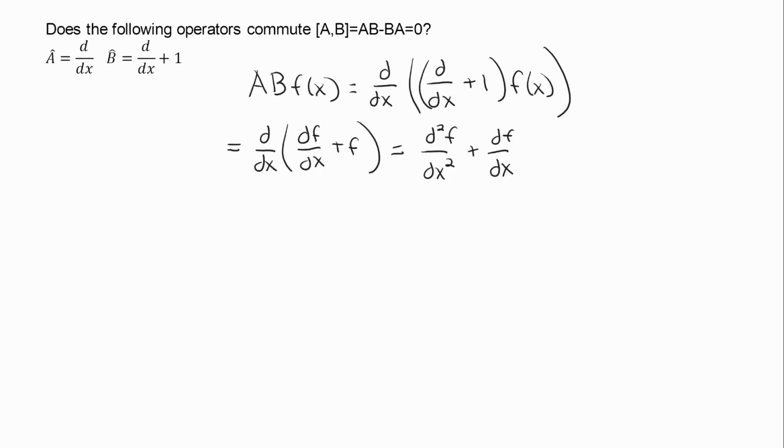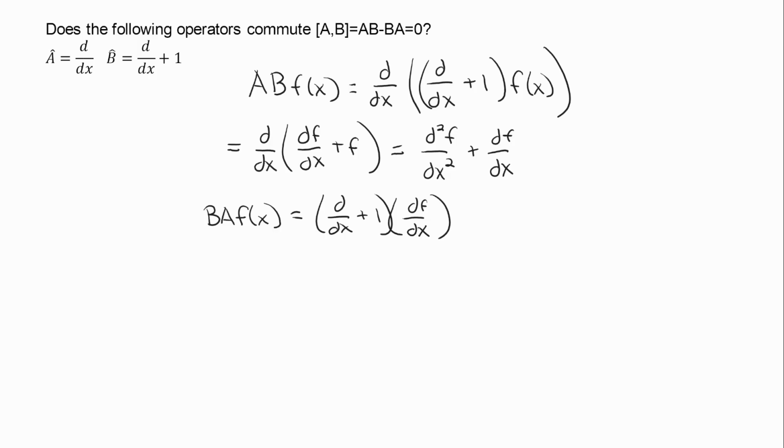Now let's find BA of f of x. This is the opposite, where A is applied onto f of x first. So here we're going to have d over dx plus 1 applying onto d over dx that's applied onto f of x already. I skipped the step from the first one, where f of x has already been acted on by the first derivative.